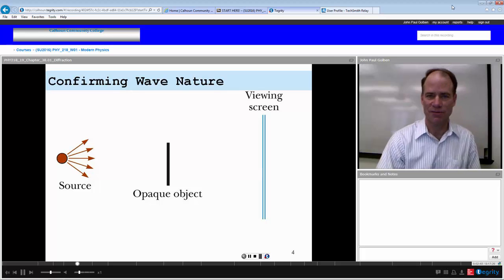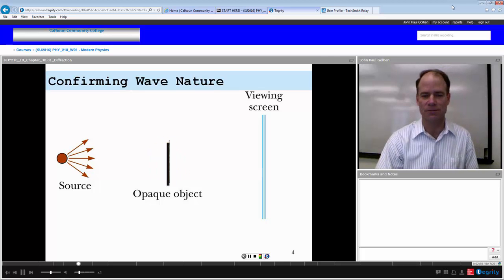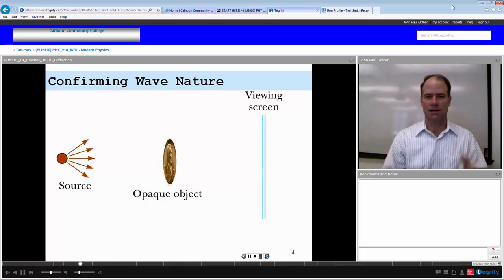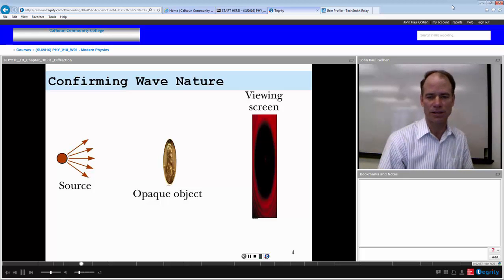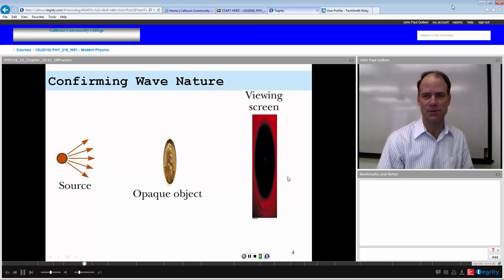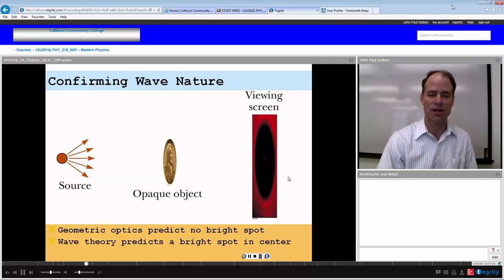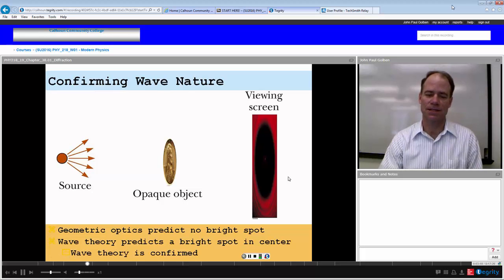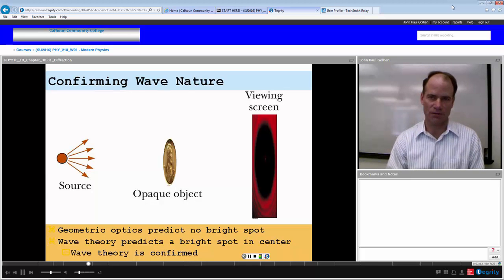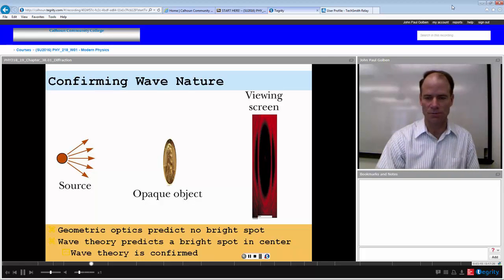But soon after he expressed that opinion, it was found that if you took an opaque circular object like a coin, it would exhibit an interference pattern that actually did have a central maximum on the other side. So this actually turned out to be proof that the wave theory of light was confirmed, because geometric optics would not predict that that central maximum would occur.